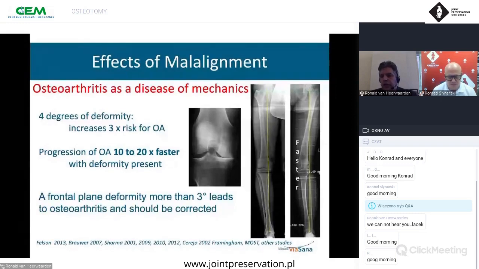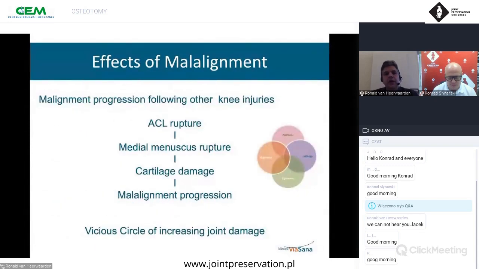So only 3 degrees, think about that. If we know that, we should be aware of the effects of malalignment. Malalignment progression also has vicious circles. ACL ruptures, a very common injury, may lead to medial meniscus rupture, cartilage damage, and then you have malalignment progression. That's a vicious circle of increasing joint damage.